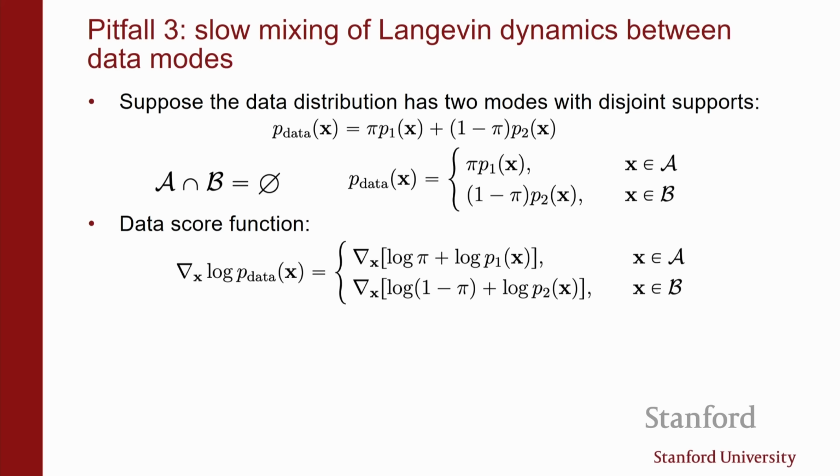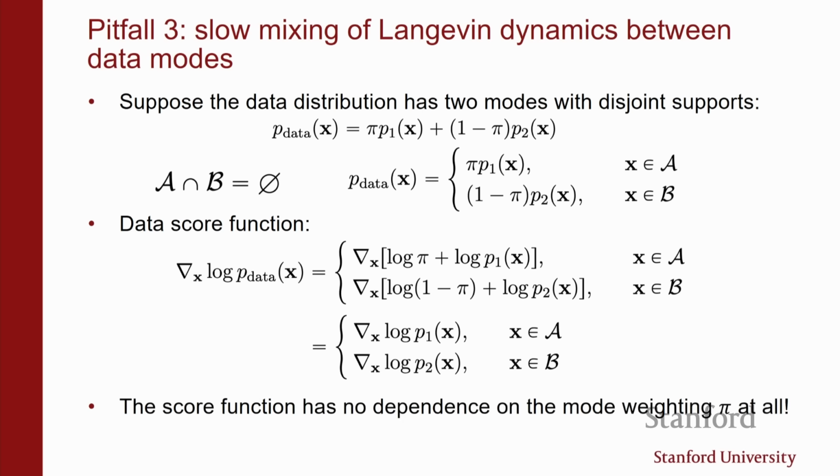If you look at the score function, you'll see it has this expression. It's just the log of this in the support of the first distribution and the log of this in the support of the second distribution. And you can see that when you take the gradient with respect to x, the pi disappears. So it does not depend on the weight that you put on the two mixture modes.